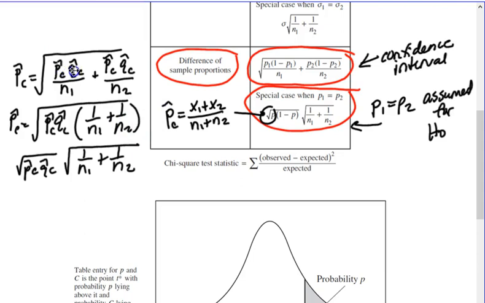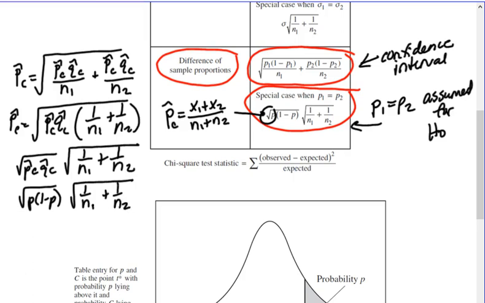The p-hat combined would put both numerators together, and then the two denominators are the two sample sizes. Now if I factored out the numerator, then it would look like this, and then if I split this into two separate radicals, it would look like this. So that is why we have a formula that looks like this on the formula sheet: the square root of p times 1 minus p times the square root of 1 over n1 plus 1 over n2.